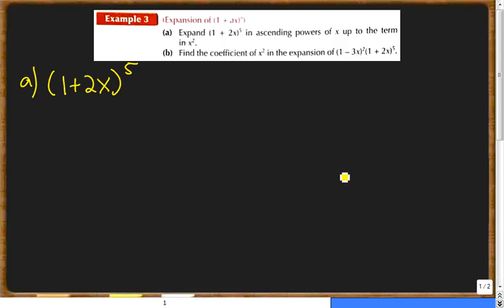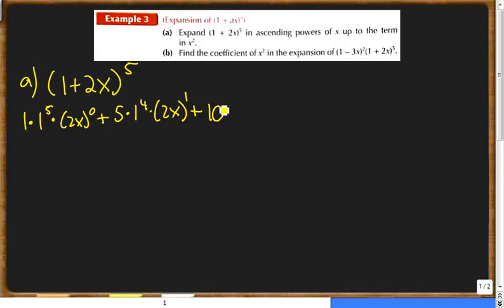In ascending powers of x, you start off with the 1 getting all of the power, and the 2x gets 0. But then as you go along, you get 1, 5, 10.